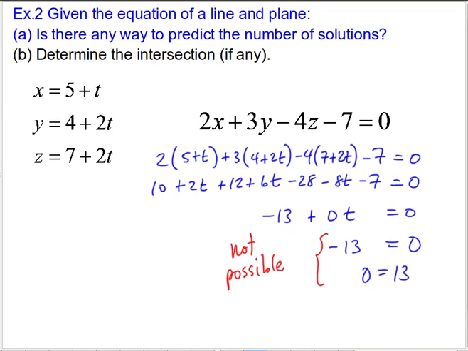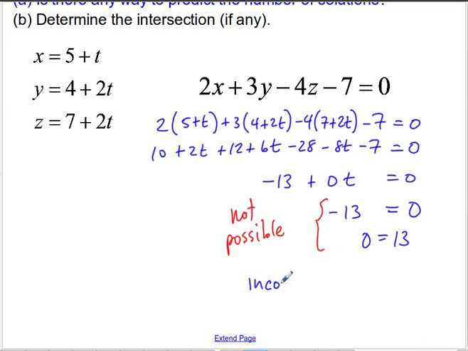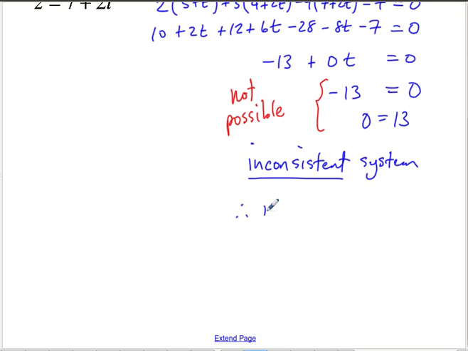Using the same terminology that we've used in the past, this is an inconsistent system. Therefore, there is no solution. There is no value of t that can make this true. So what's the situation that results in this?